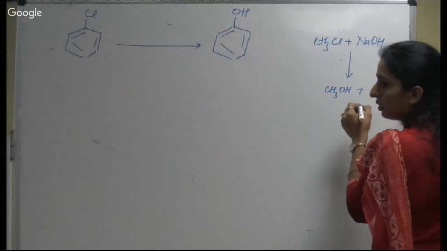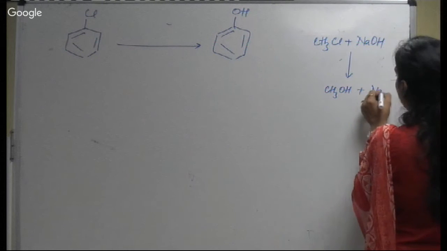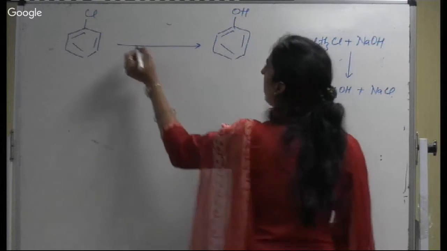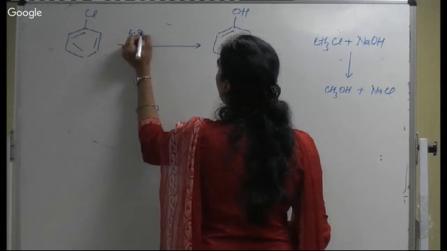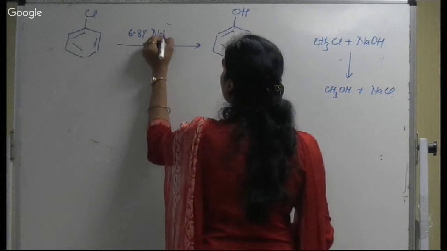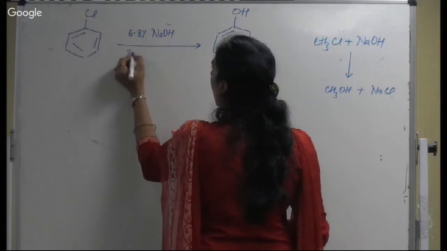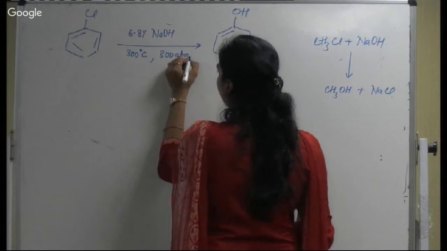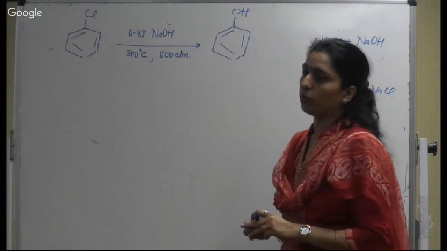But in this case, it is not that easy. You will have to give about 6 to 8% NaOH at about 300 degrees Celsius and 300 atmospheric pressure, then only you would be able to get it.